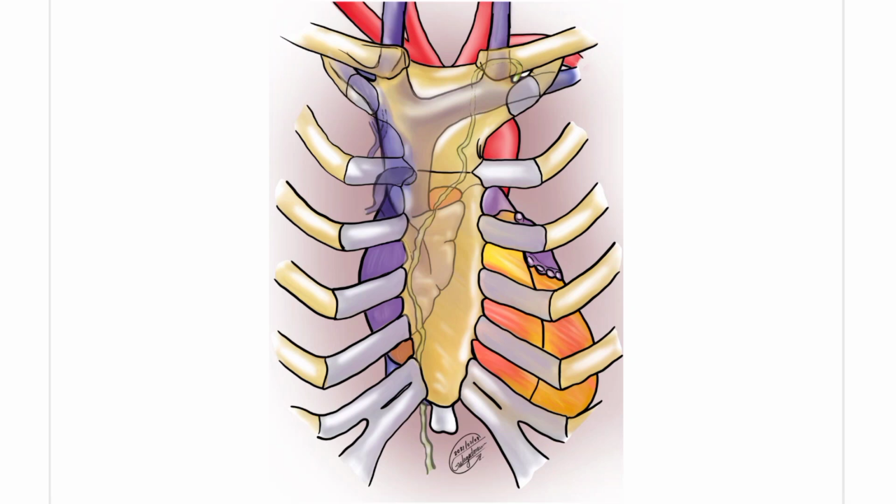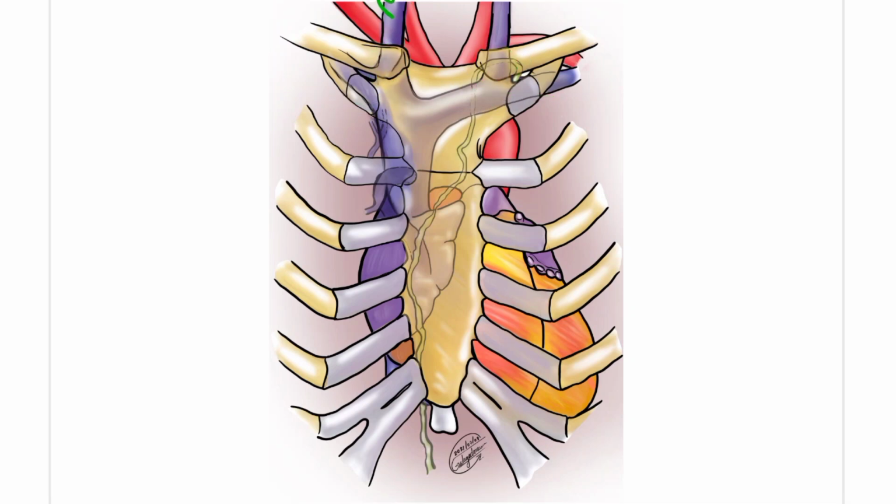So now going into the veins, the right and left brachiocephalic veins form behind the right sternoclavicular joint and the left sternoclavicular joint respectively.